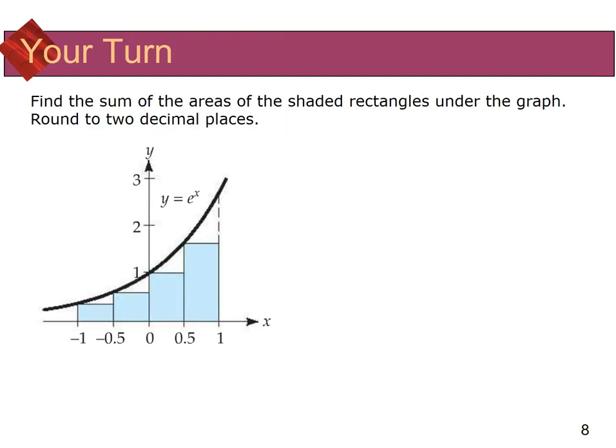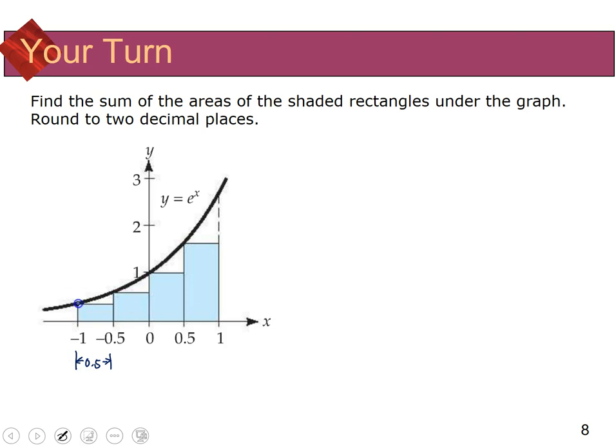So if I want to find the area approximated by those shaded rectangles, I can see in each one of these instances that each one of these widths is 0.5. So each one of these is going to have a width of 0.5.